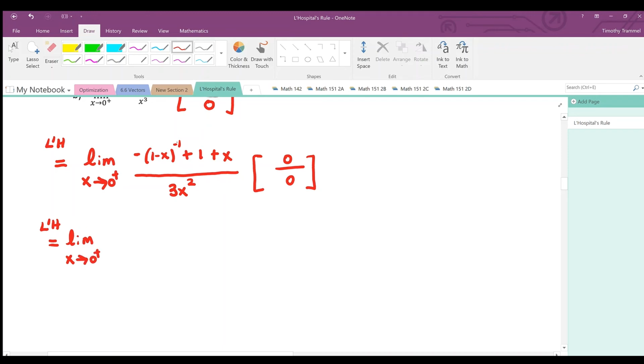And if we take our derivative, we're going to have to bring this -1 down, which will cancel with this one. But then when we apply the chain rule, the derivative of the inside, we'll have another negative. So this becomes -1 minus x, and then I don't want to forget to lower the power. And then the derivative of 1 is 0, and the derivative of x is 1. So we have this all over this times 6x.